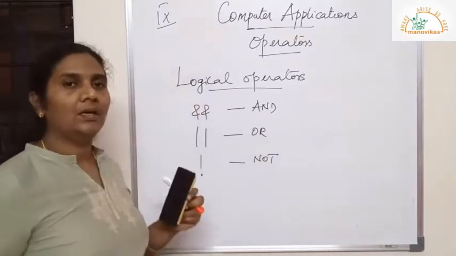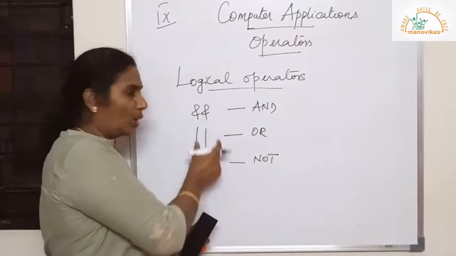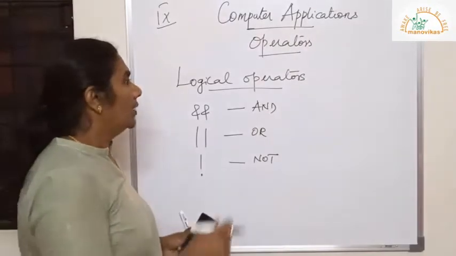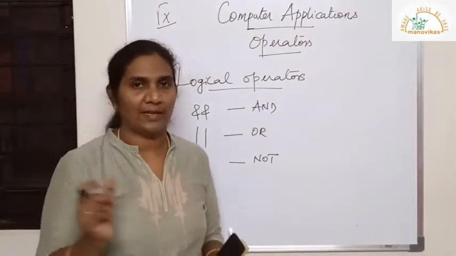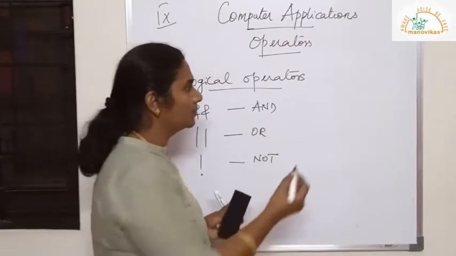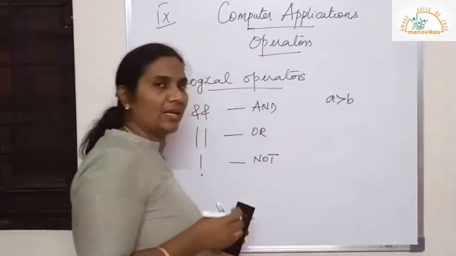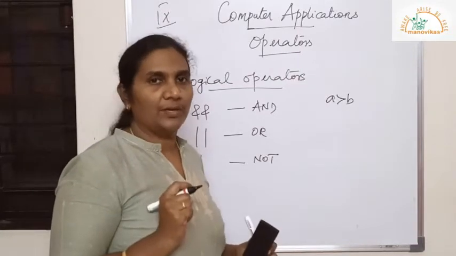Now these are the logical operators. This is the AND operator, OR operator and NOT operator. Logical operators can be used between two relational expressions. Now what is a relational expression? For example, you have A greater than B. This is one relational expression. Where will we use this? In an if condition, right?